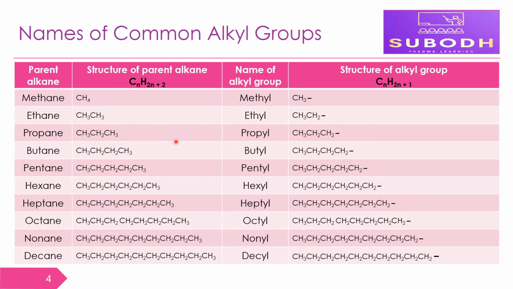When we see the structures of alkyl groups, you will observe that there is a dash or a hyphen, which means that the group can be attached to an atom or group of atoms to form a chemical compound.